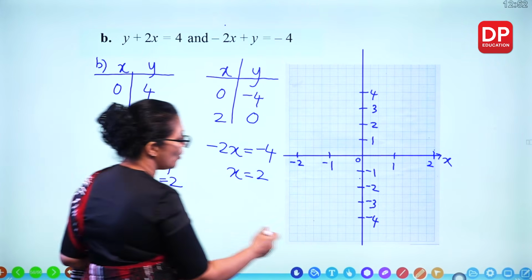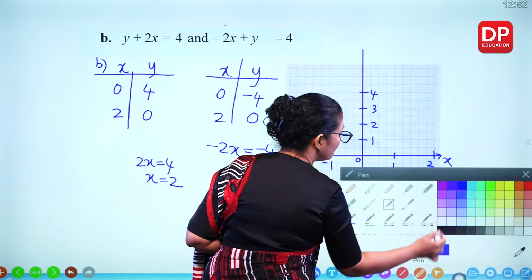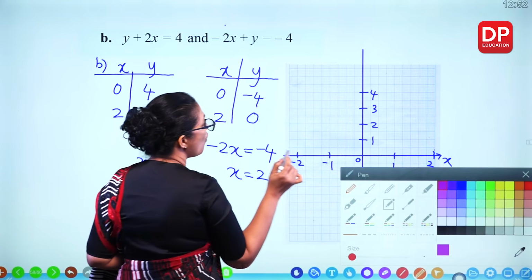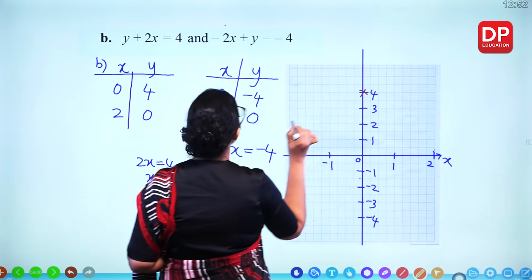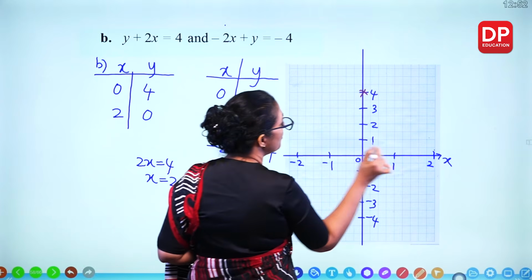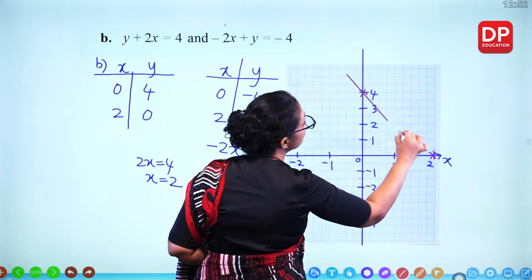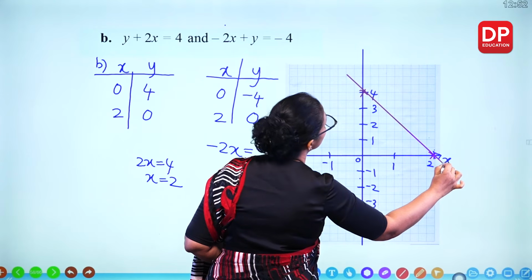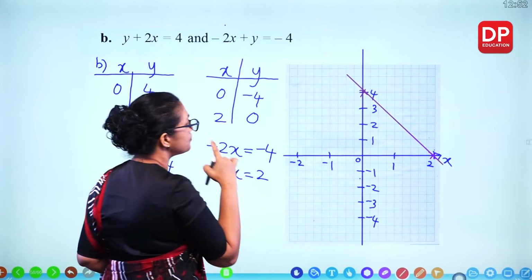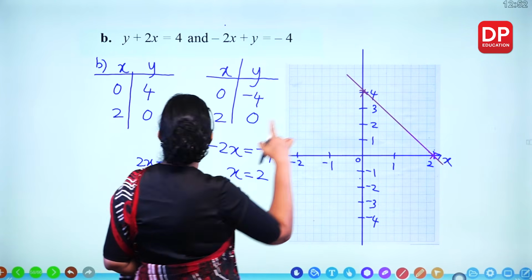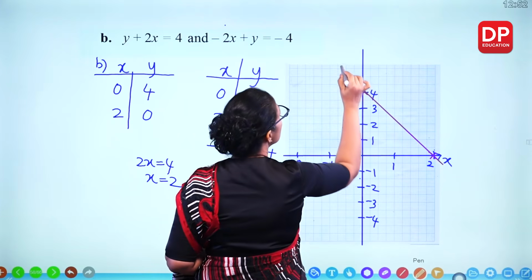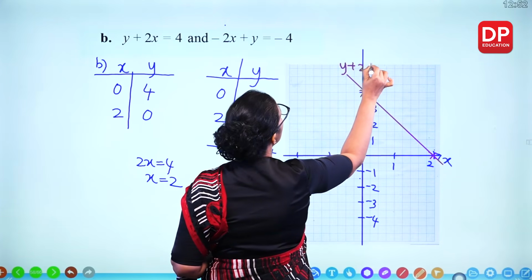Now we'll mark the points and draw. 0, 4. Here. 2, 0. Here. Connect it. Get this graph. That's y plus 2x equals 4.